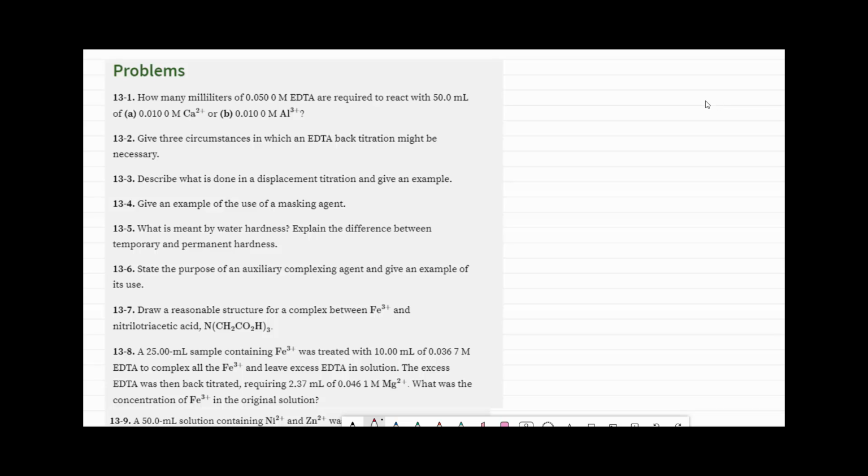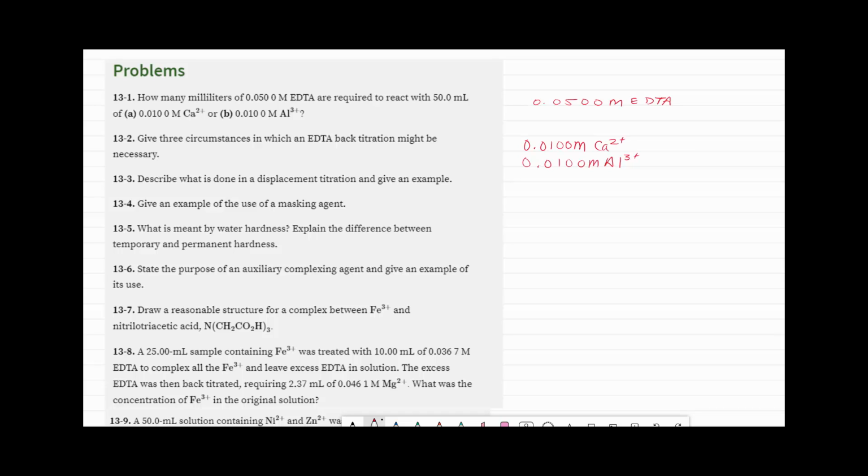How many milliliters of 0.0500 molar EDTA are required to react with 50 milliliters of a 0.0100 molar calcium solution or 0.0100 molar aluminum solution? Well, EDTA reacts 1-to-1.